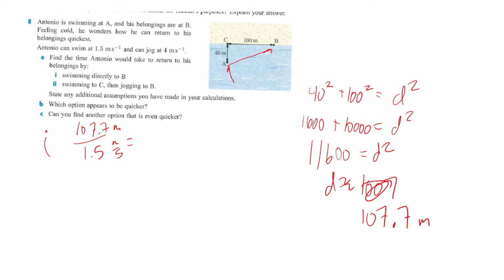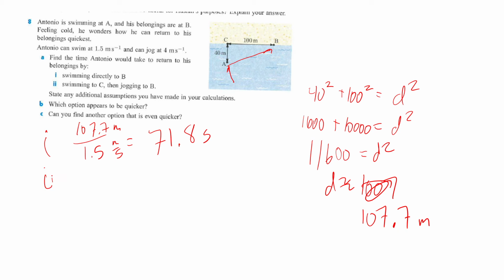With our calculator, we get 71.8 seconds. That seems very fast, to swim 100 meters in a little over a minute, but like I said, Antonio's a better swimmer than me.